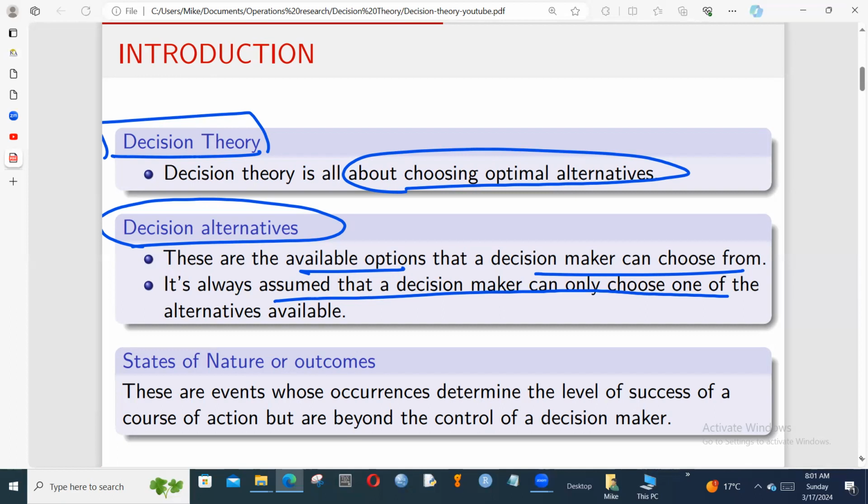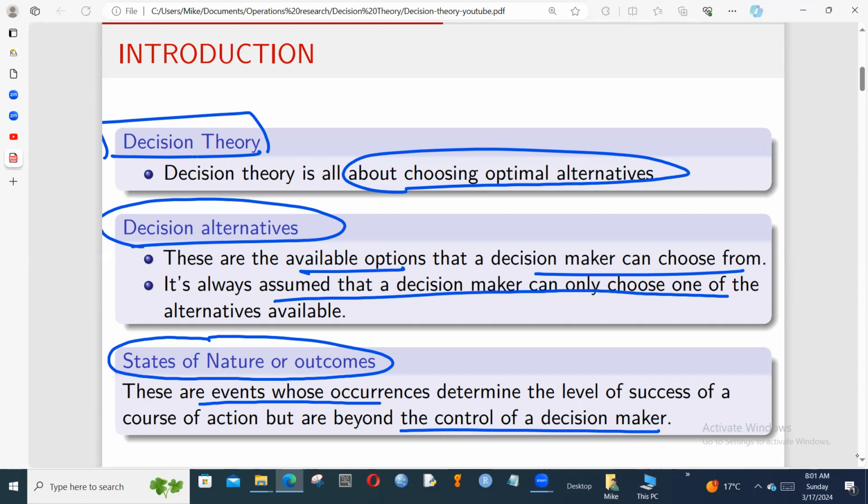So you only make one. And then when you make the decisions, you'll be encountering what we call states of nature or outcomes. Each of those decision alternatives goes through what we call the states of nature. And states of nature are events whose occurrences actually determine the level of success of a course of action, but are beyond the control of a decision maker.